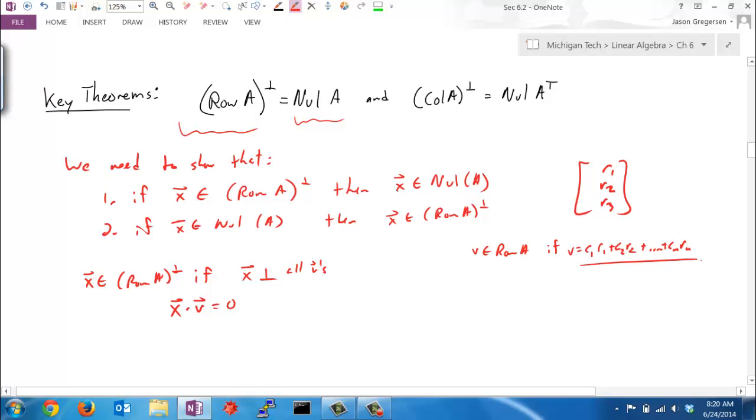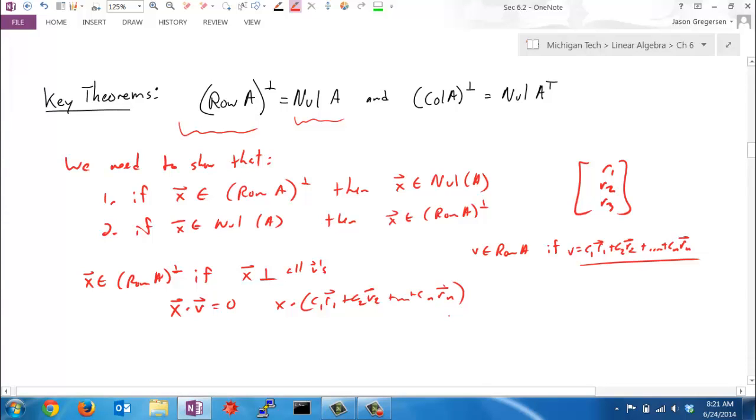So now I'm going to take X dot V. So X dot, well, this is V, C1R1 plus C2R2 plus dot, dot, dot, plus CNRN. And now I have some properties about dot products.